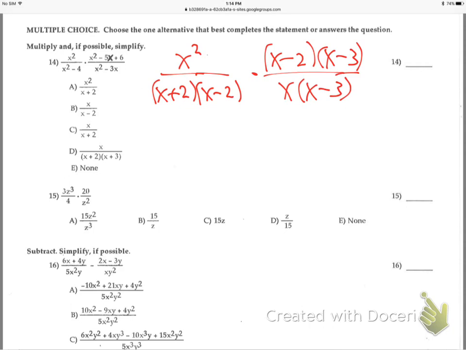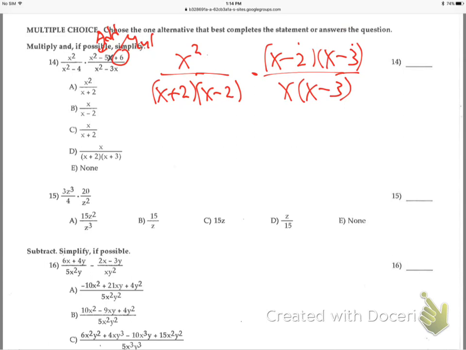See how I factored everything? The two negatives: negative 2 times negative 3 makes plus 6. They multiply to be plus 6 and they add to be minus 5, right? Minus 2 and minus 3. So it's all factored correctly.